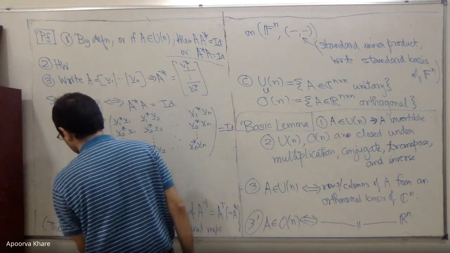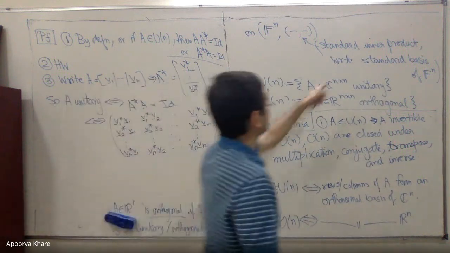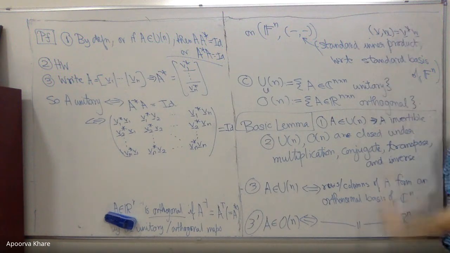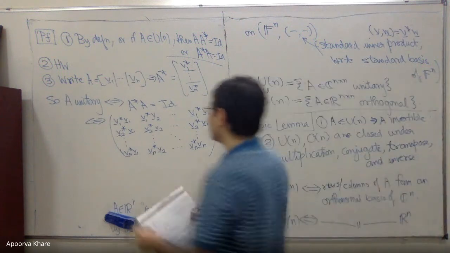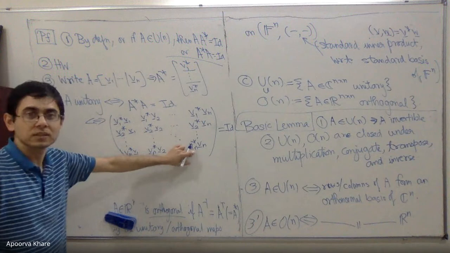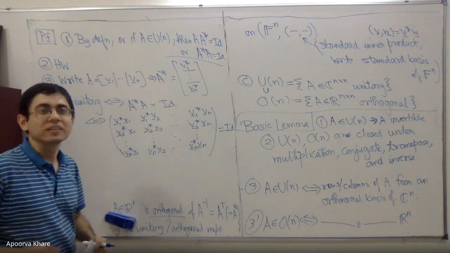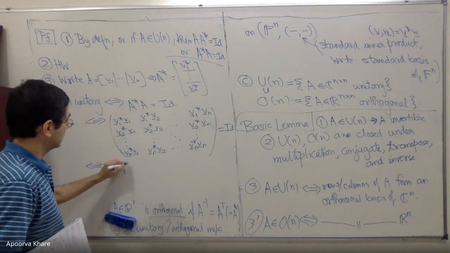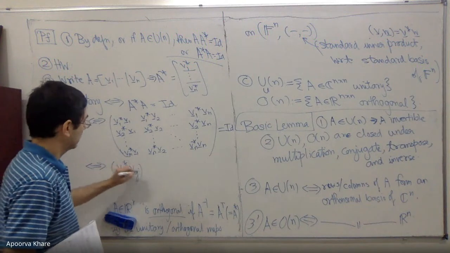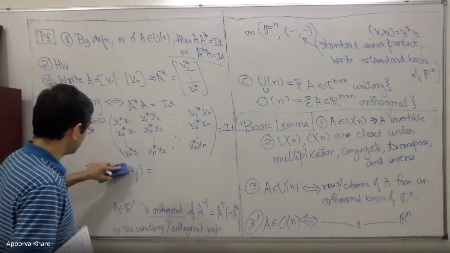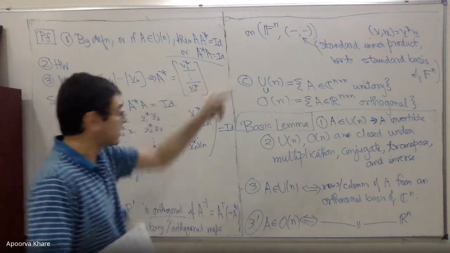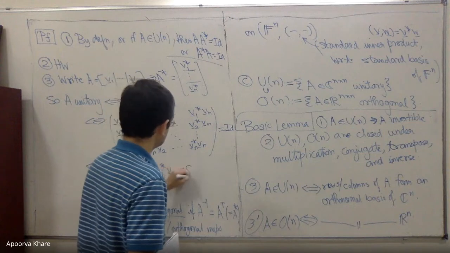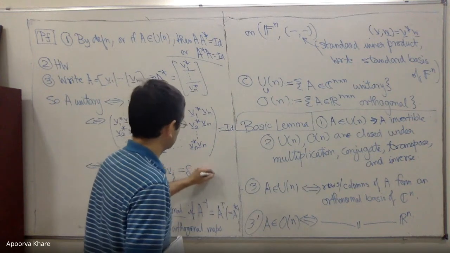But what is V star W? Remember, that was exactly the standard inner product. So what this is saying is, the identity maps these things: the diagonal entries are ones, and the remaining entries are zeros. That is exactly the definition of an orthonormal basis. Vi star Vj is the same as the inner product of Vi and Vj in the standard inner product, and this is equal to delta ij for all i and j.